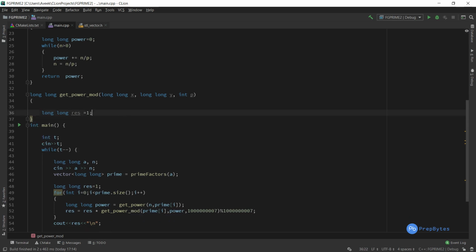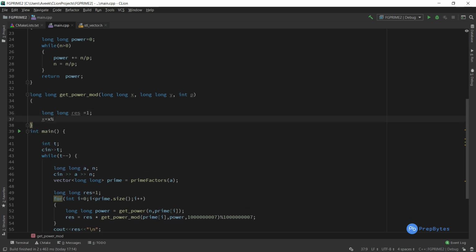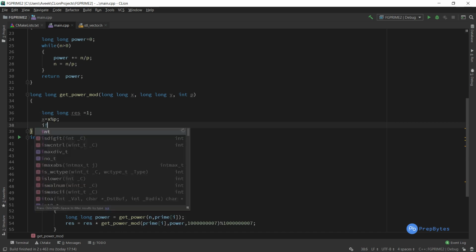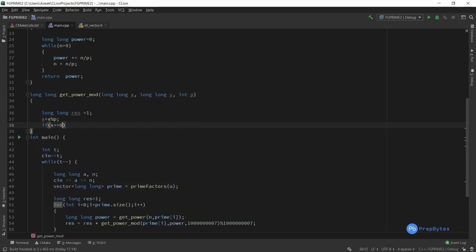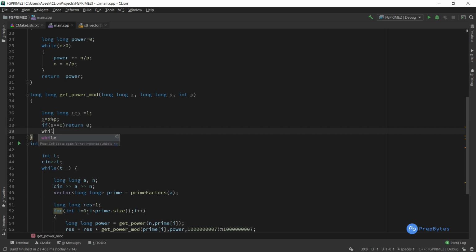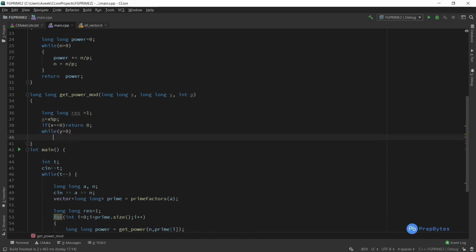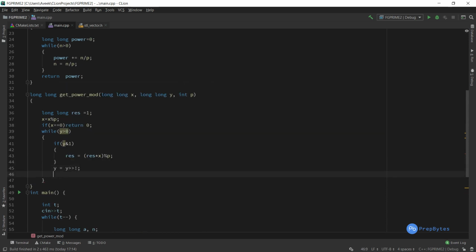So x equals x mod p. If x equals 0, then simply return 0. Now this is the power function. Let me write it down quickly. Finally return result. So this will calculate the power with the modulus p, and it will return me the result.